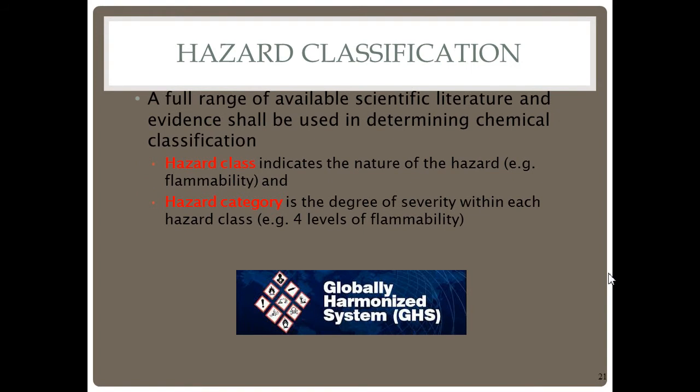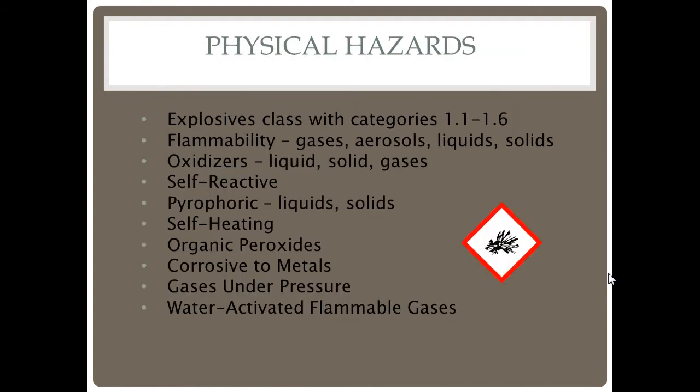So for the hazard classification, a full range of available scientific literature and evidence shall be used to determine the classification, and you're going to see hazard class, and that hazard class is going to be the nature of the hazard, but then there's a hazard category, which is the severity of whatever that hazard class is.